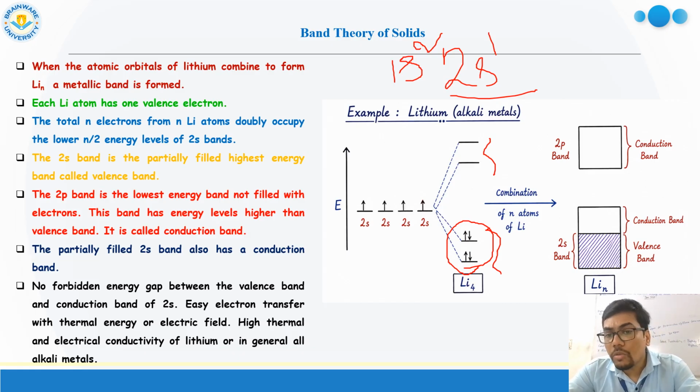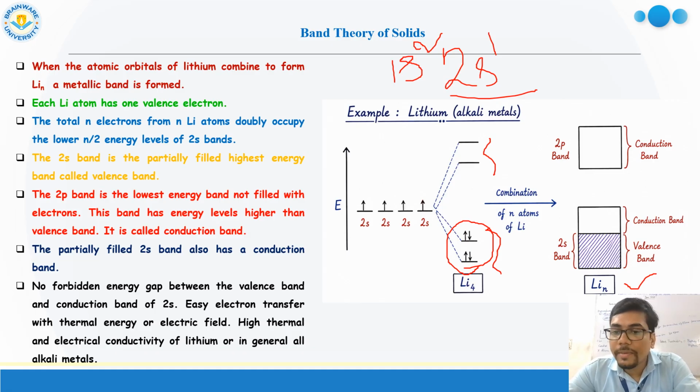This is for Li4. Now if n number of lithium atoms are combined to form Li-n, then what happens? There also will be n number of molecular orbitals, and n by 2 will be the BMO.